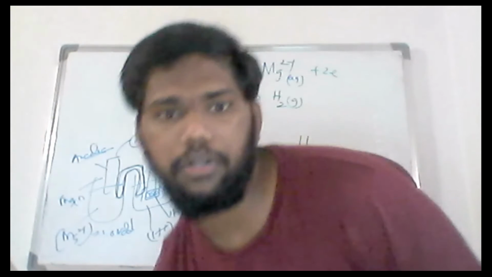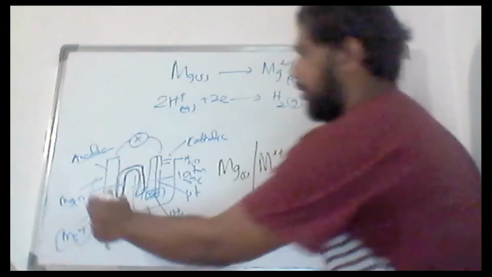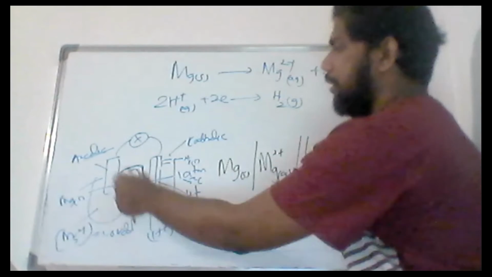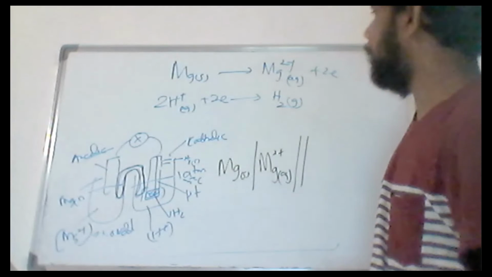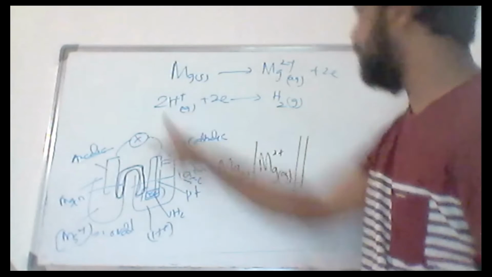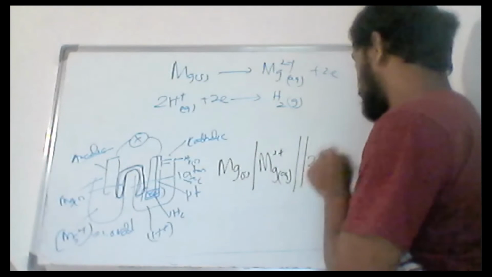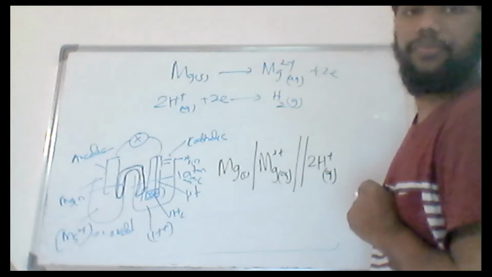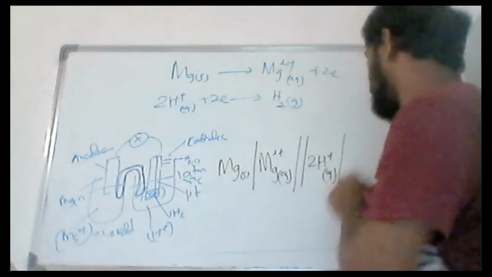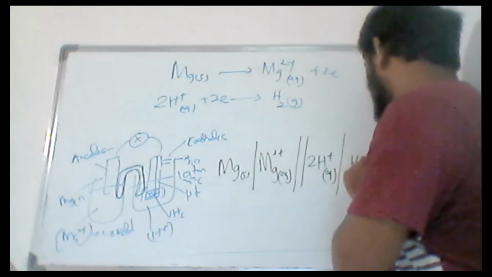So the idea is you need to write down the anodic reaction, then the salt bridge, then cathodic reaction. Okay. So what is the cathodic reaction now? It starts with H plus, right? So H plus aqueous. Then there is a phase change, that is H2 gas.